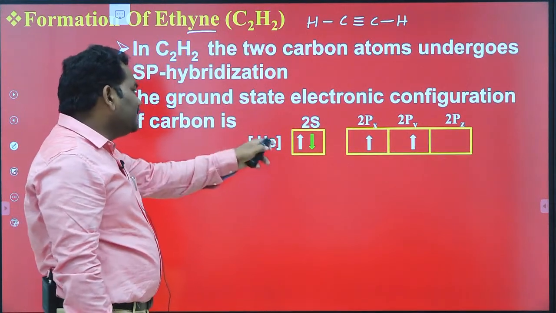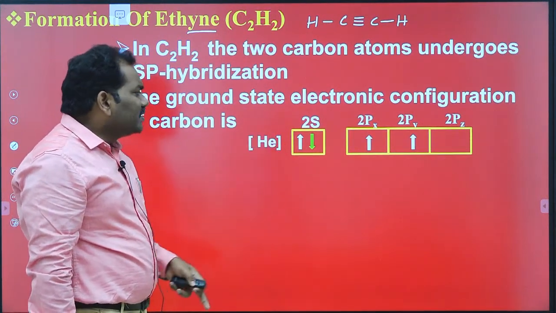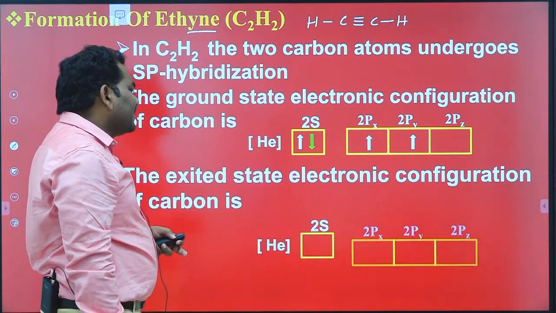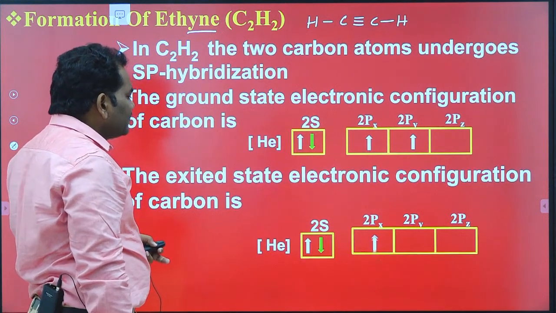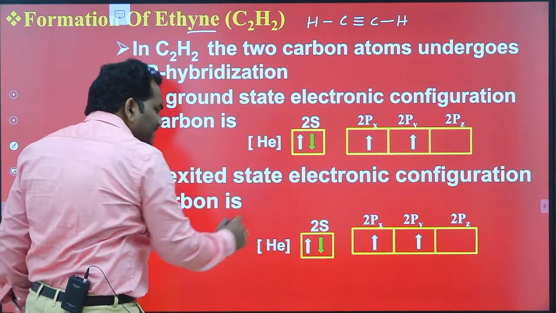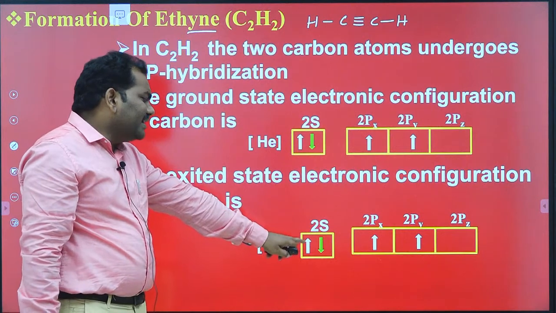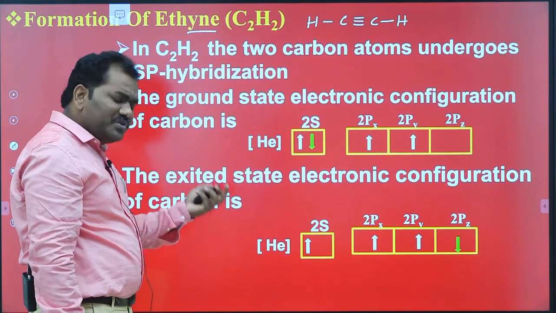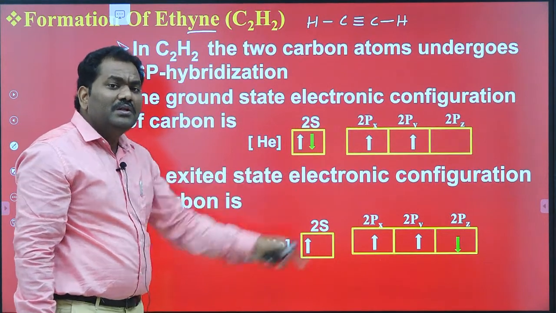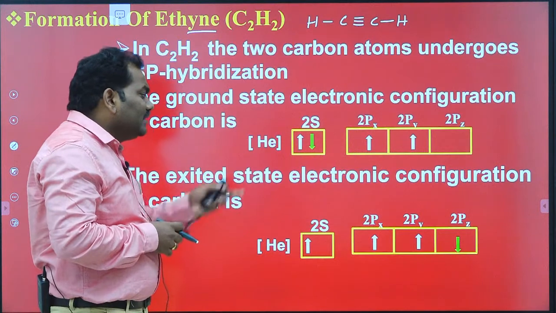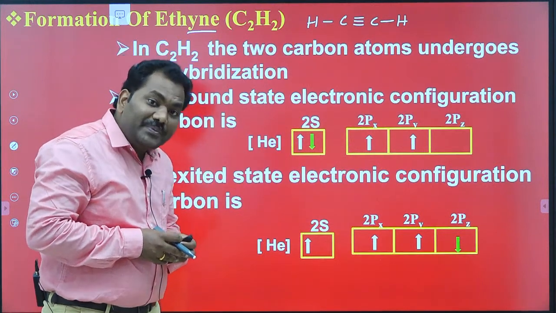Here one of the 2s electrons undergoes excitation like this. After excitation the electronic configuration of that carbon is like this. One of the beta electrons absorbs some amount of energy and goes to a slightly higher energy orbital, that is the 2pz orbital.